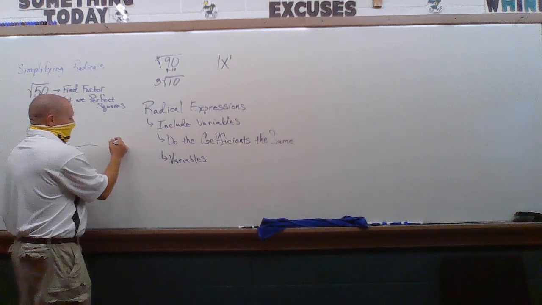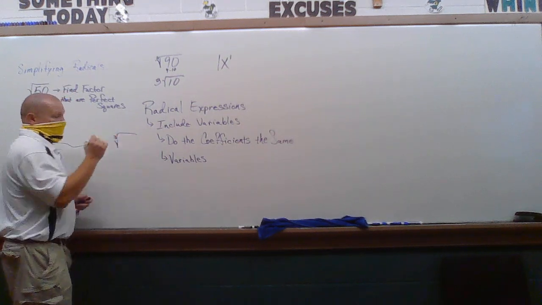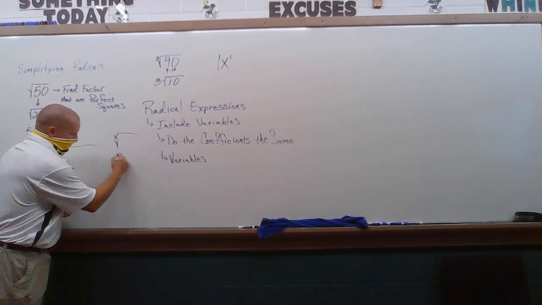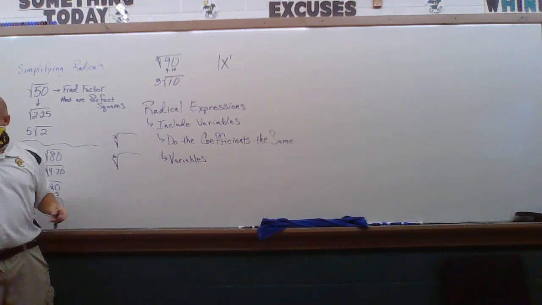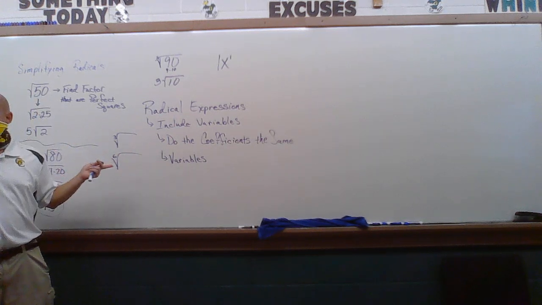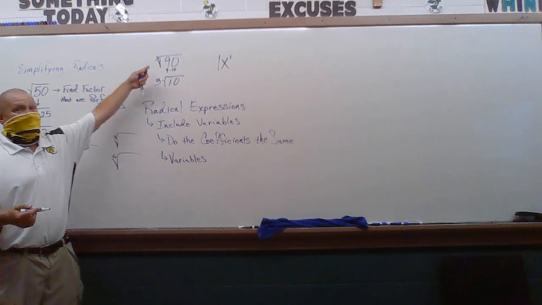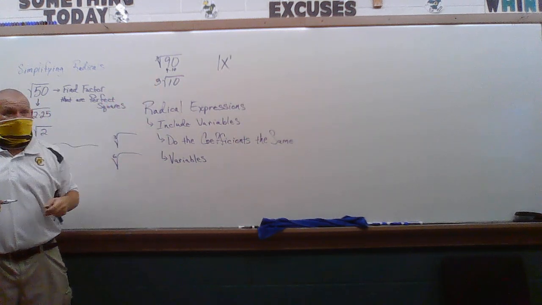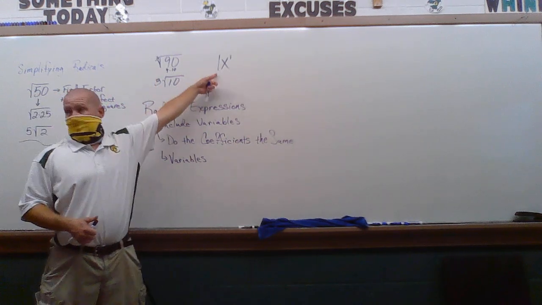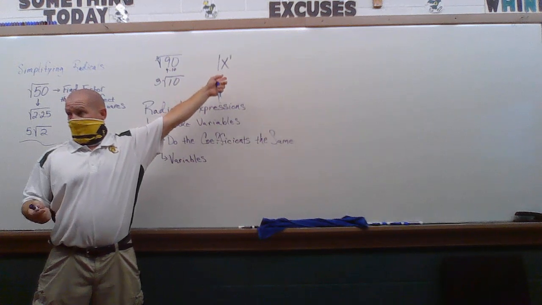Because I could actually have the cube root of it, or the 6th root of it, and then the little number in the armpit changes to that number. But that's why this is the square root. We just don't ever write that 2, just like we don't write these 1s. That make sense?